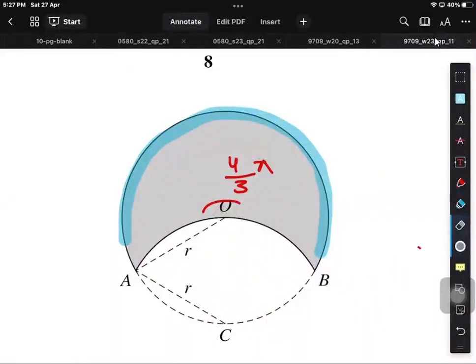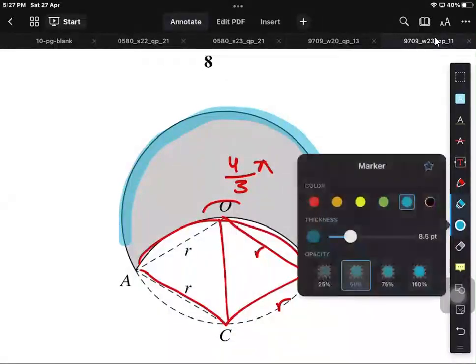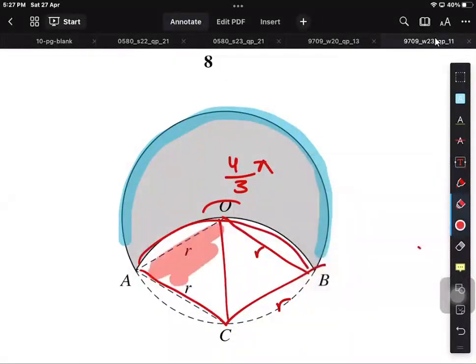So we have this sector right here. Yeah, we have the sector, and then from it we can subtract this. So we have this sector, and then what we can do is subtract the area of these two triangles, this one and this one.